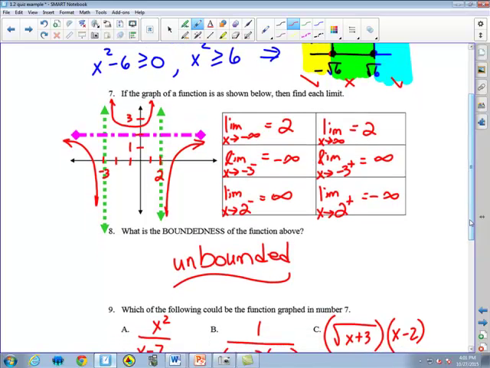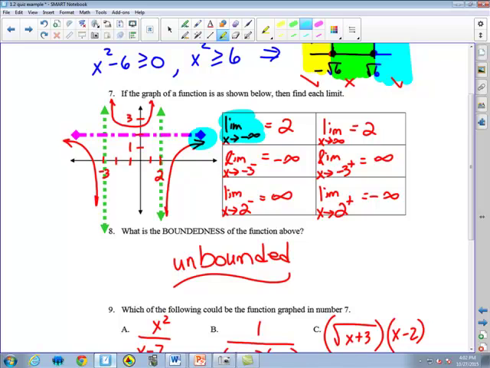Number 7. We have a graph. This was a given graph. I made this picture. You got it as a given. What you want to do is analyze it from the point of view of limits. So, the limit as x approaches infinity means what's going on out here.